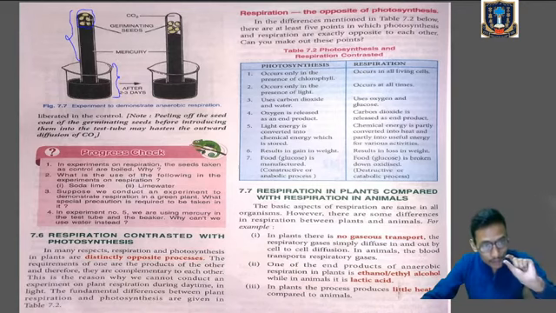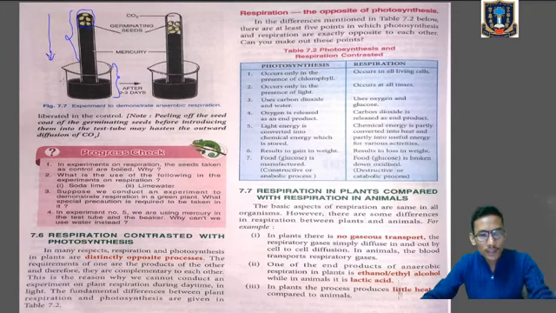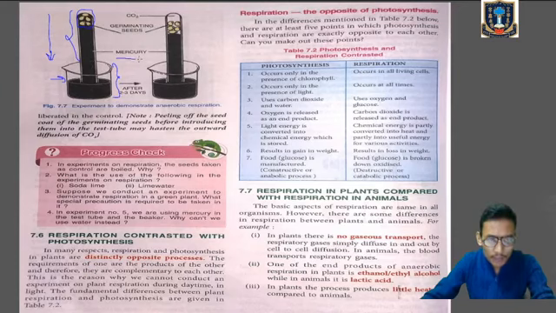So this will lead to the filling up of the test tube containing seeds with mercury. You can see that the test tube containing the seeds has been completely filled up by the mercury.